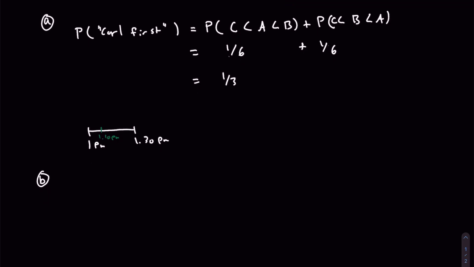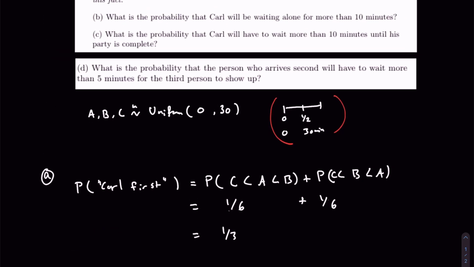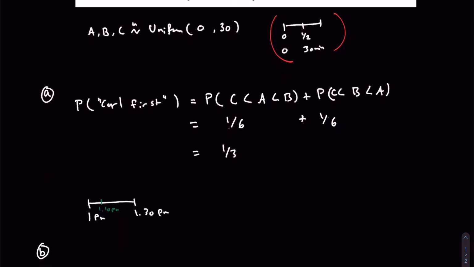Now we're told to condition on this, and we know that he also arrives first. So therefore, because we're conditioning on this, we're saying now the distribution of A and B, I'm going to redefine them. If you really want to be careful, you could put A star, B star, to separate out from these definitions up here. I'm just going to keep this because I'm carefully now in detail telling you what I'm going to do.